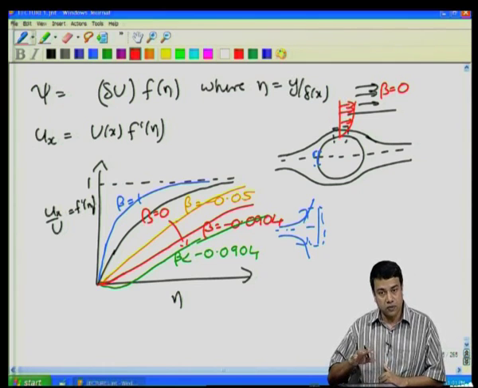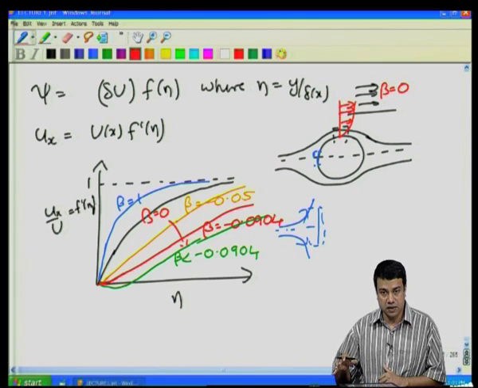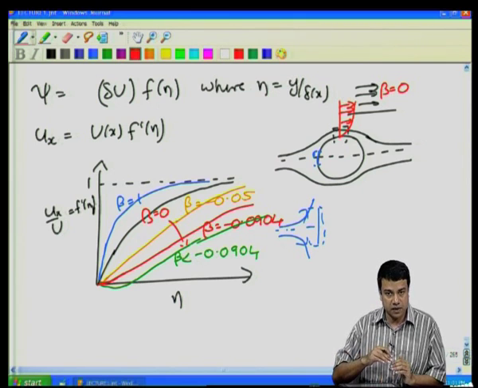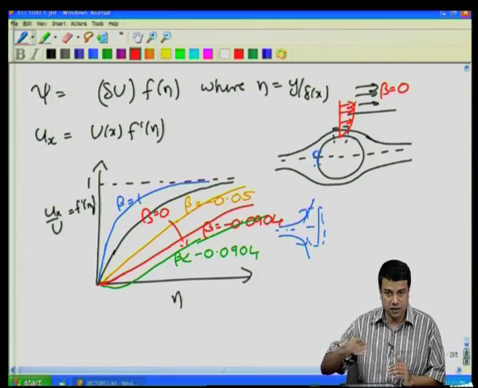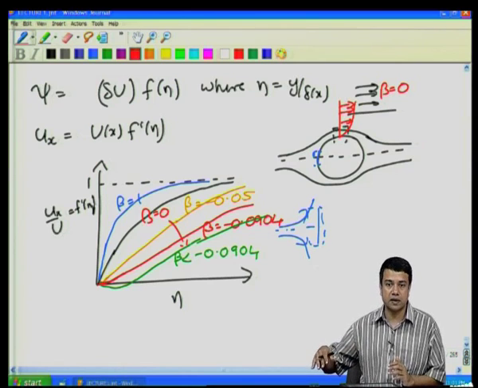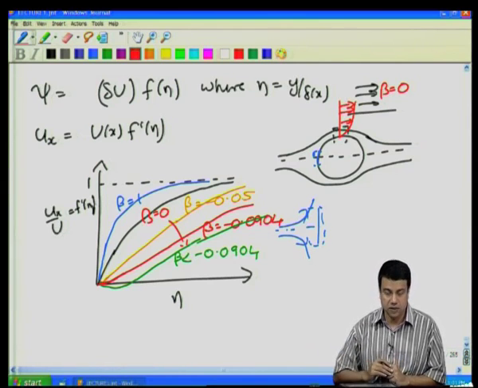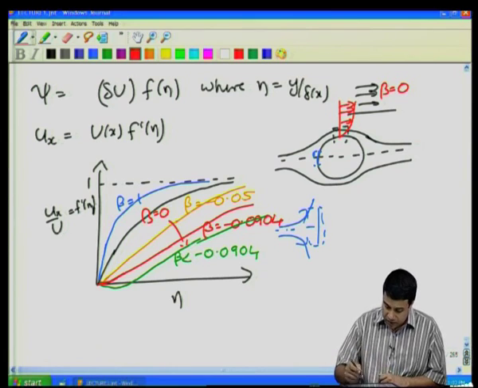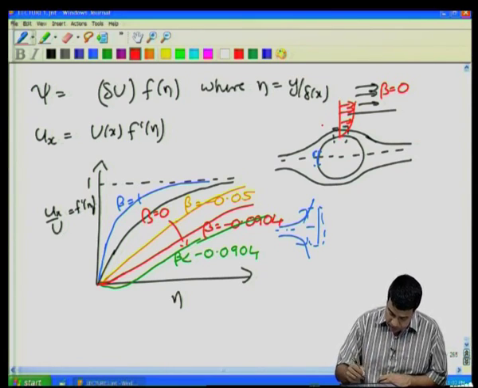As you go downstream, the flow actually decelerates. On the upstream side, because the fluid has to go around the cylinder, the flow accelerates. On the downstream side, it comes back down because it has to fill in the volume behind the cylinder, and the flow decelerates. And in this decelerating flow, at some point beta becomes equal to minus 0.0904, at some location here.